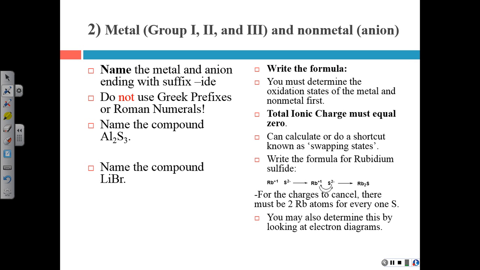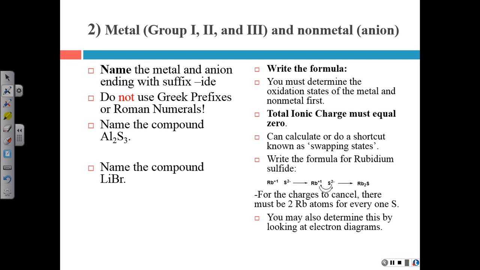In this classification, you do not use Greek prefixes. That is a very common mistake, to take what we just learned and now in this classification accidentally use those. You do not use Greek prefixes or Roman numerals. You don't know what those are yet, but later you will.